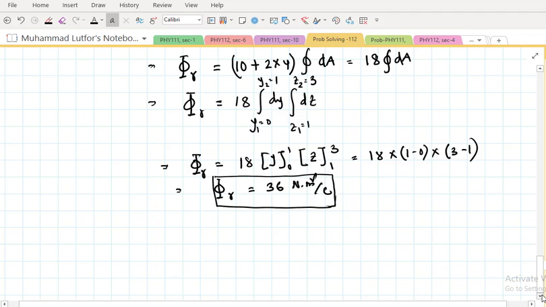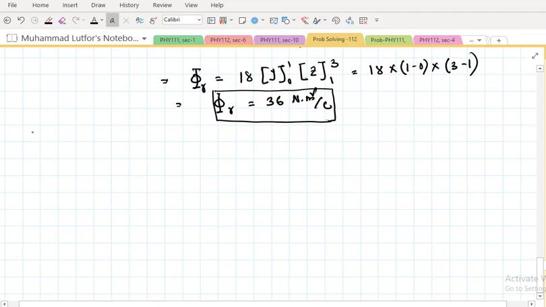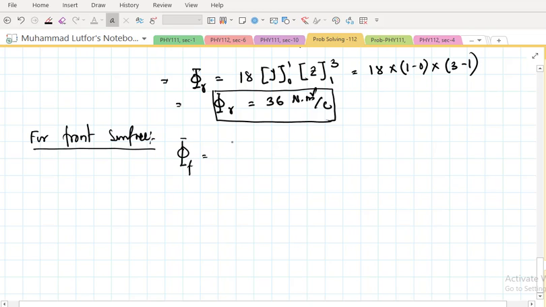Now come to the front surface. For the front surface, what I can write, phi front would be E dot dA at z equal 3, right?